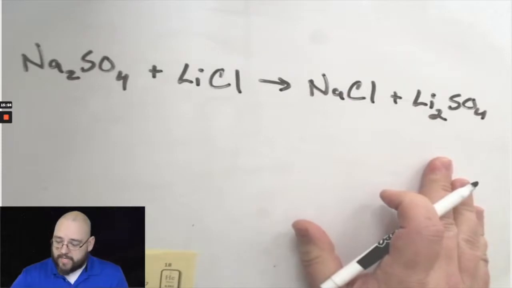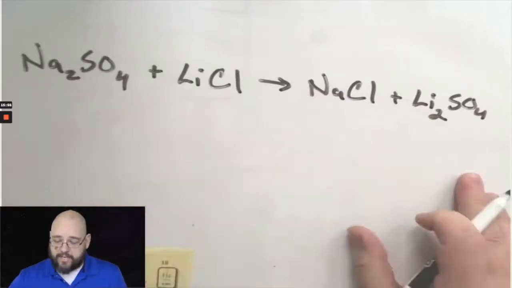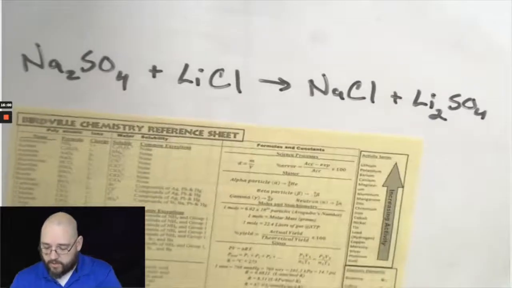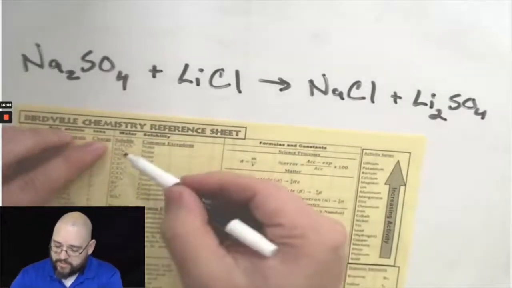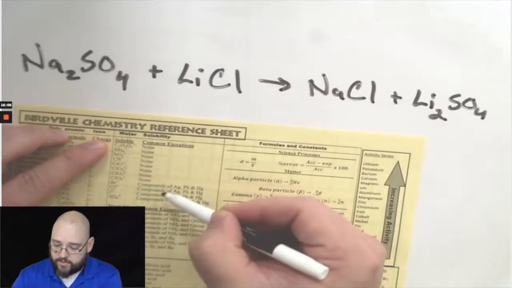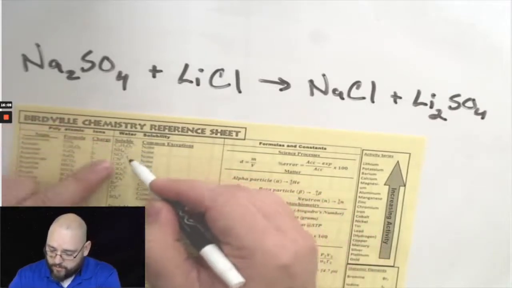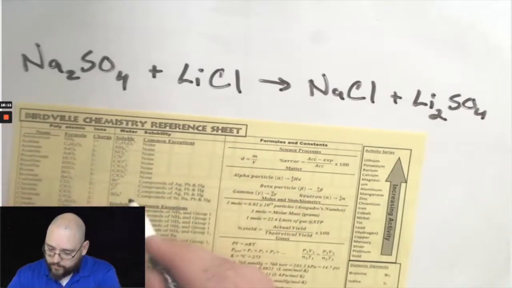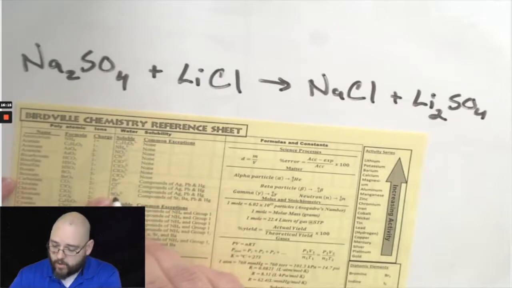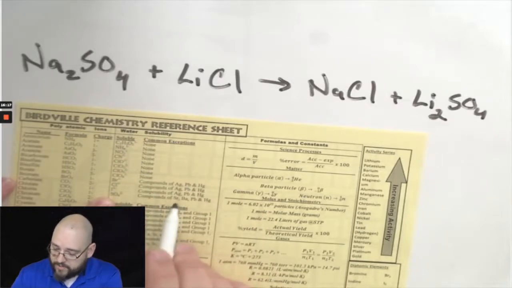All right, so now the question is does this reaction actually occur? So I'm going to look at my solubility chart. Now the way this works is all of these things are soluble unless it's one of these exceptions. So for example, sulfate, SO4, sulfate compounds are soluble unless it's strontium, barium, lead, or mercury.